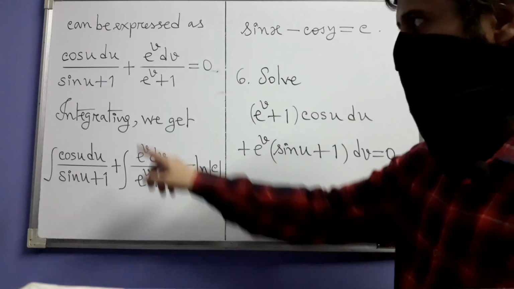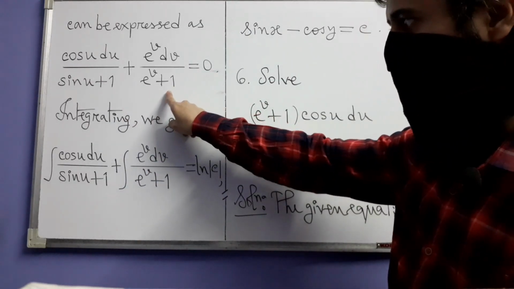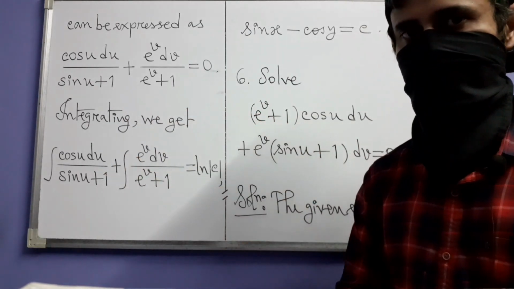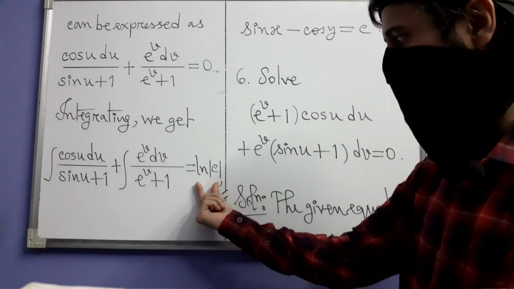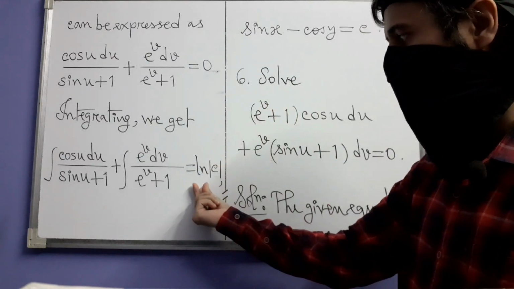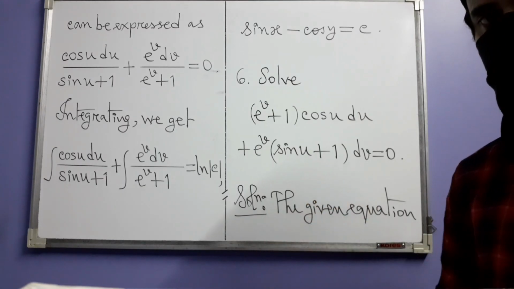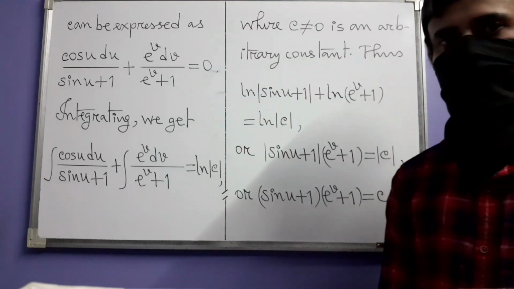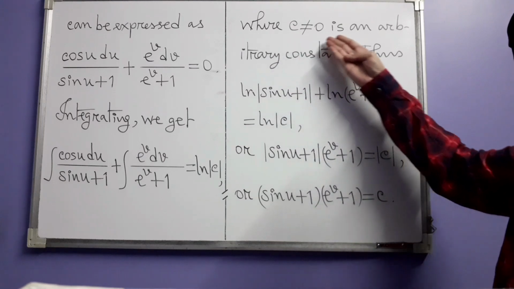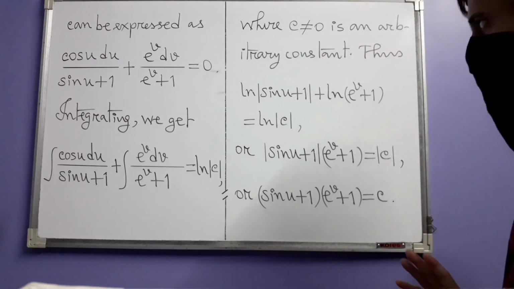Again, because we already understand that a natural logarithm is going to appear, the right hand side is taken like before: ln of mod c, where c is a non-zero arbitrary constant. So we write that condition, c not equal to 0, is an arbitrary constant.